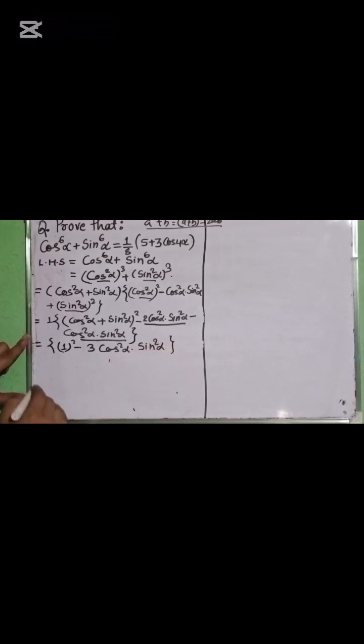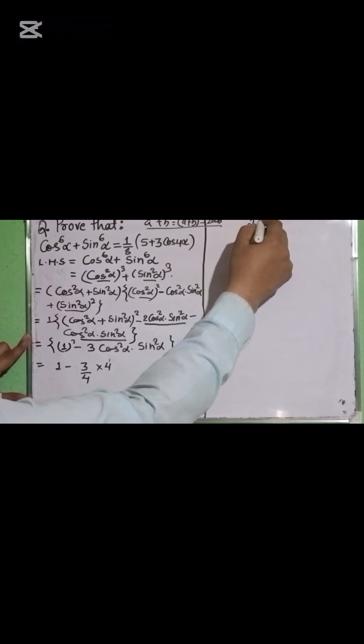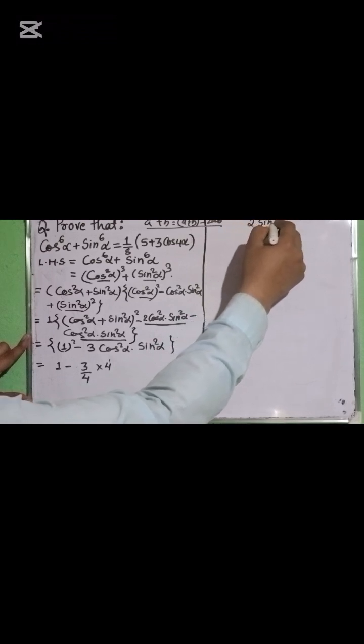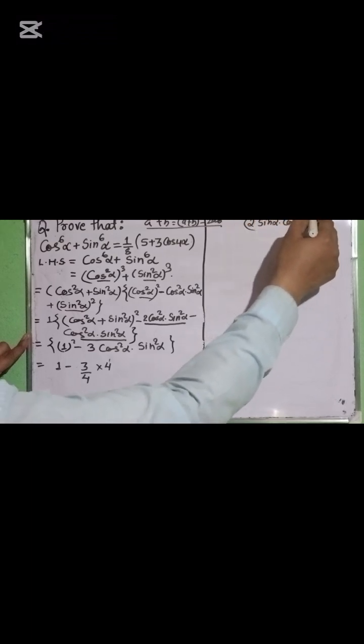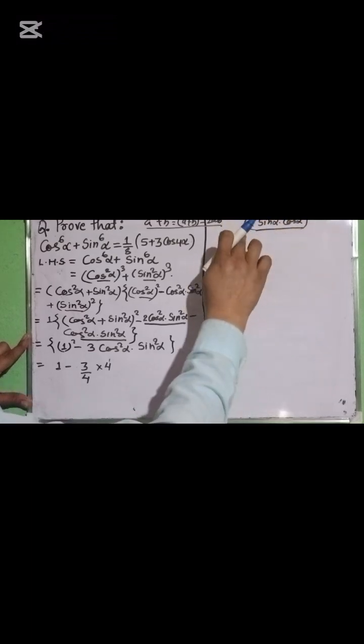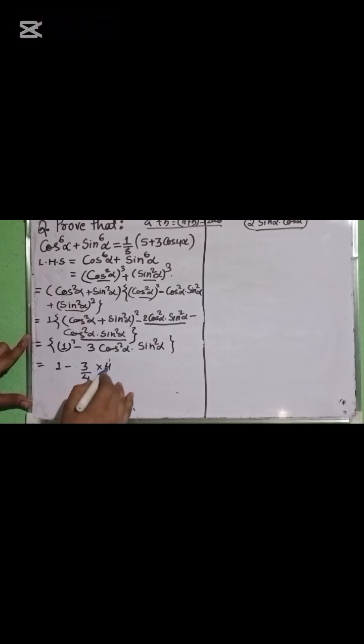Now look here children, this 1 square means 1 only, and this is 3. If we had here 4 and then here also 4, then it could come in this formula. We could write 2 sine alpha into cos alpha whole square, because this is 2 square means 4, that's why we need here 4.